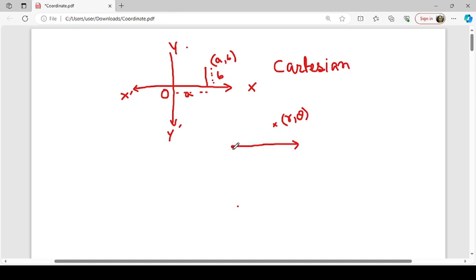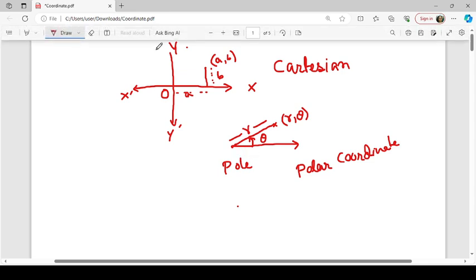Means the distance of the point from the pole is r, and when we measure the angle along the anti-clockwise direction from the initial line, this angle is theta. So this is the polar coordinate system and this is the Cartesian coordinate system.